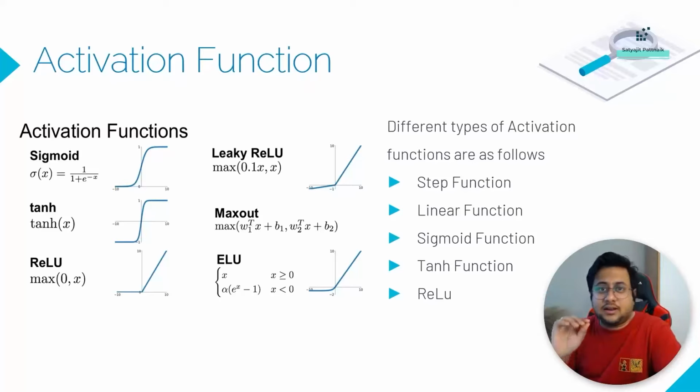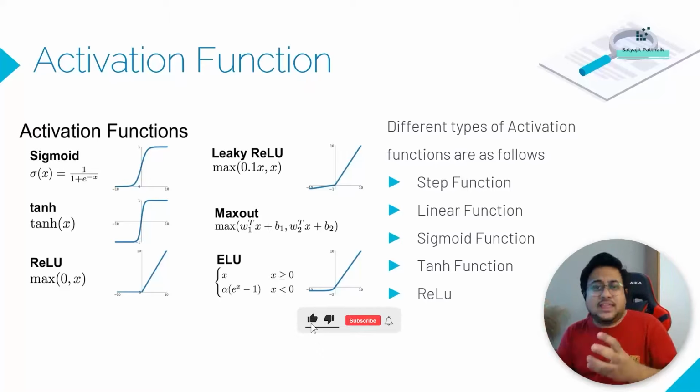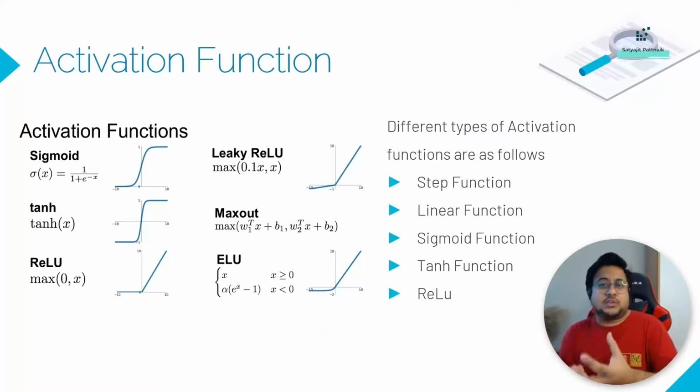So it's nothing but Wi xi plus bias. Then, based on this function, it decides whether it should be fired or not. That's what the neuron does, and the firing capability depends on which activation function is used.